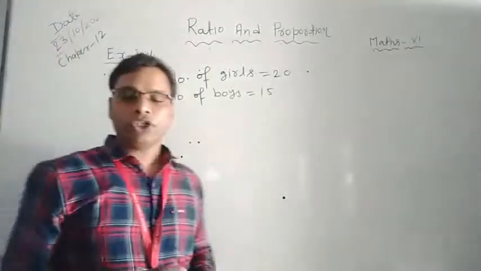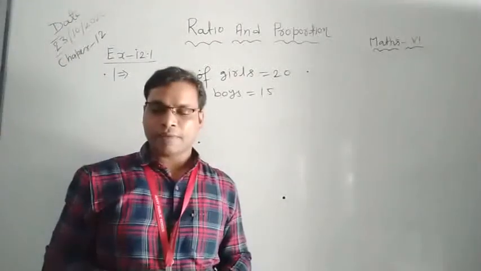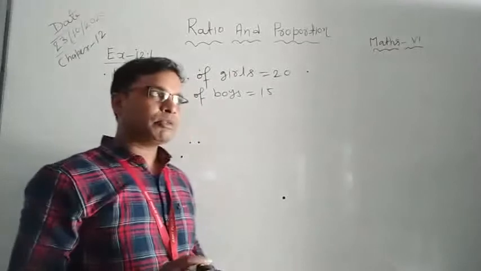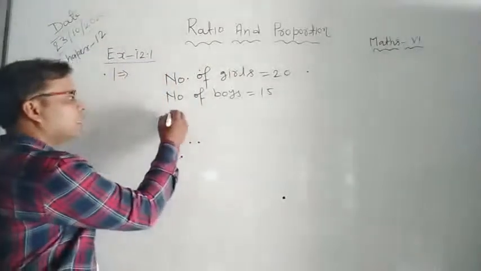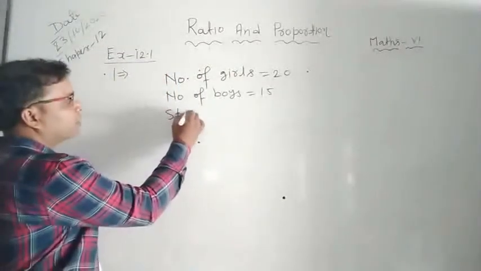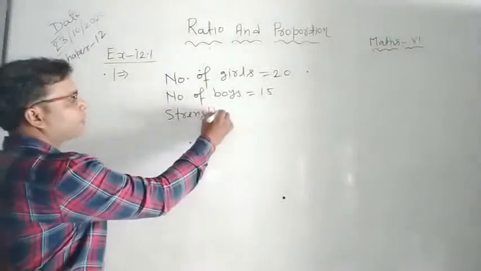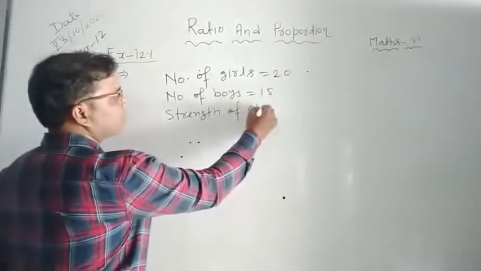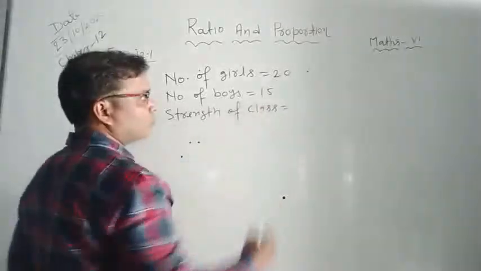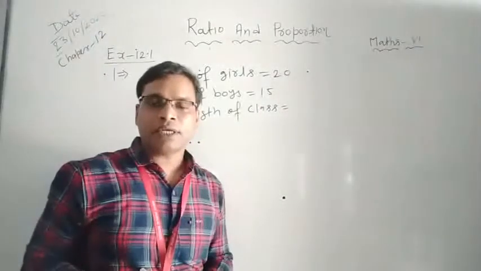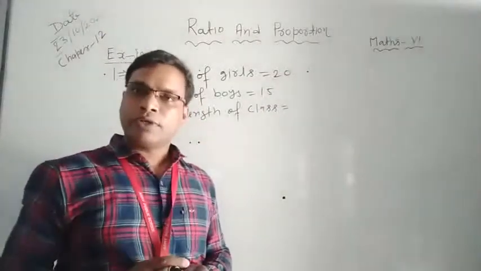So the total strength in the class, the number of students in a class, or strength of class, is equal to, what is the strength of class? Or you can say the total number of students in class.